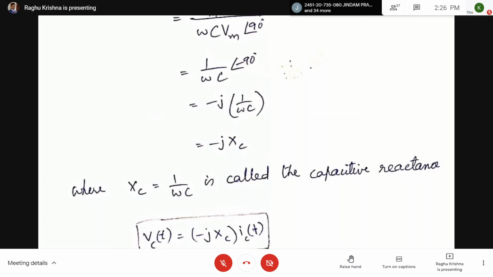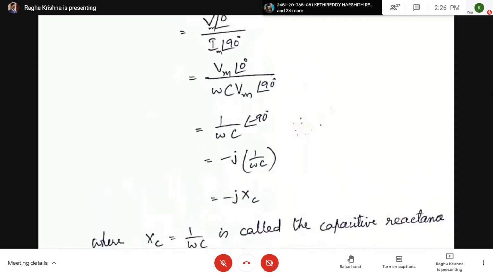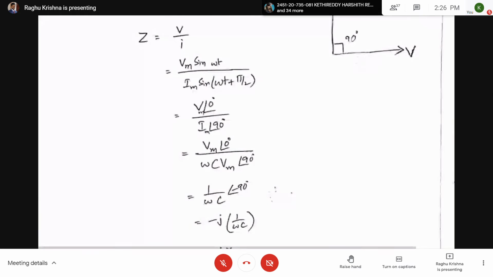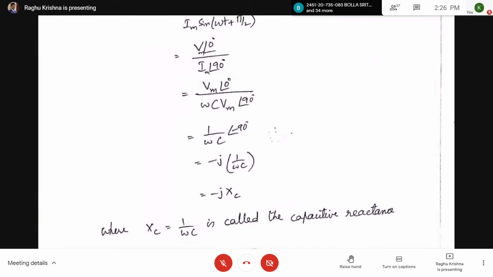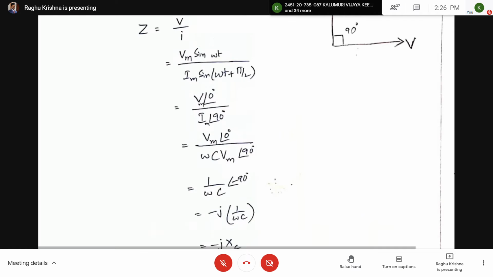So minus j Xc is the impedance. Z equal to minus j Xc, where Xc is the capacitor reactance. The impedance offered by the capacitance is equal to minus j Xc. The impedance offered by the inductor is equal to j Xl.